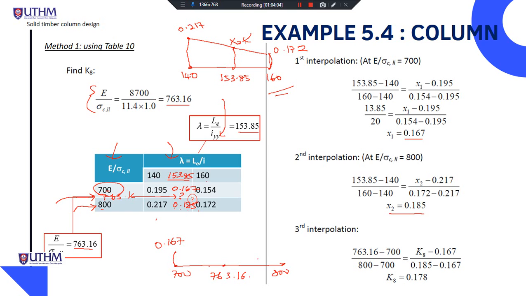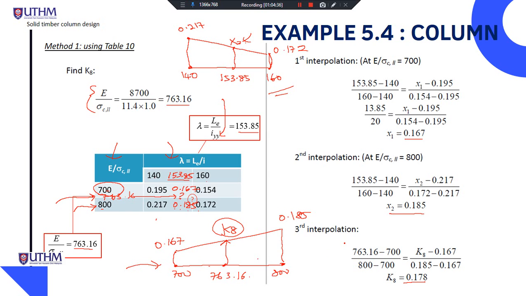Meanwhile, at 800, the K8 is equal to 0.185. We draw the straight line, and this is our K8, the actual K8. So you solve this equation to determine the K8. Finally, our K8 is equal to 0.178.